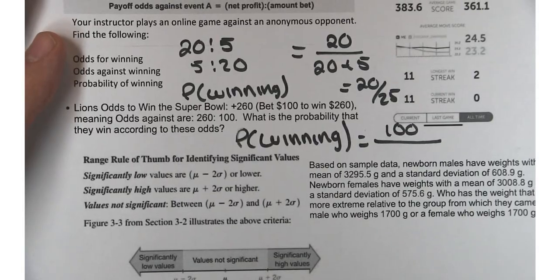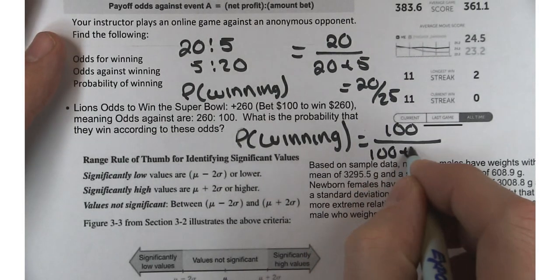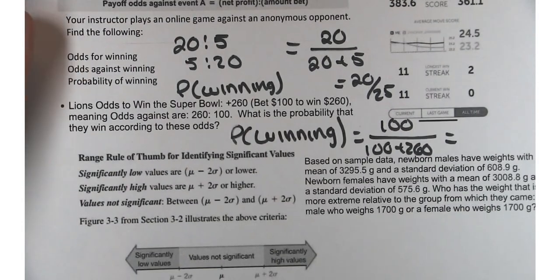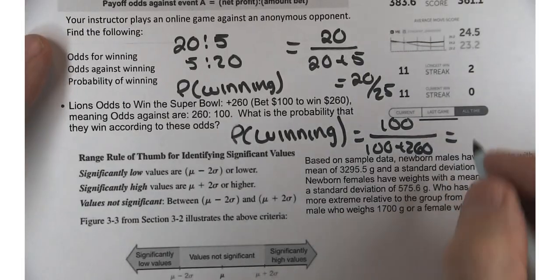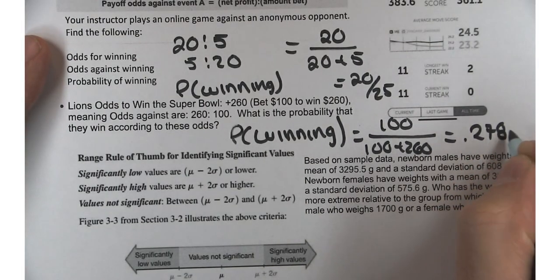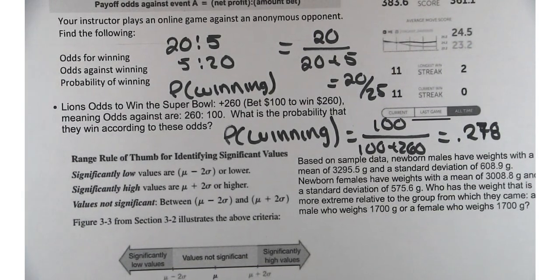In the denominator, what am I going to put? The total. 100 plus 260. So 100 over 360 is about 0.278. So about a 28% chance of winning. It's not too bad, considering that there's a lot of teams in the league. That's certainly a lot better than the near zero that I used to give them every year.